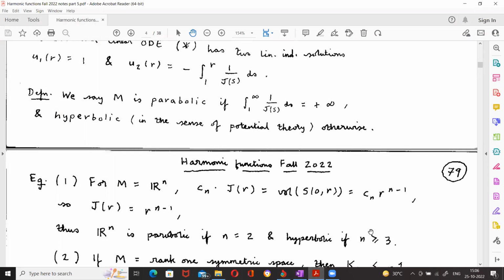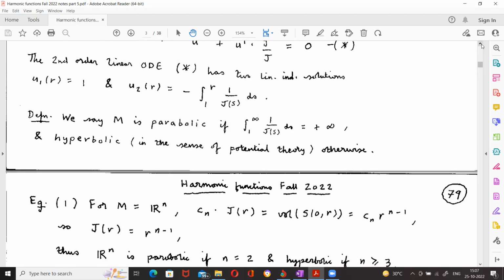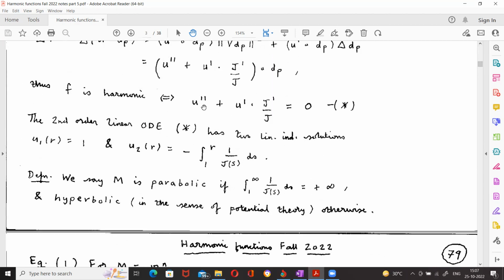Any other questions or comments, Rudra? No, so you said that any radial harmonic function will have a singularity always at that point about which it is radial. That is true because if you look at this second order ODE, these are the two linearly independent solutions.